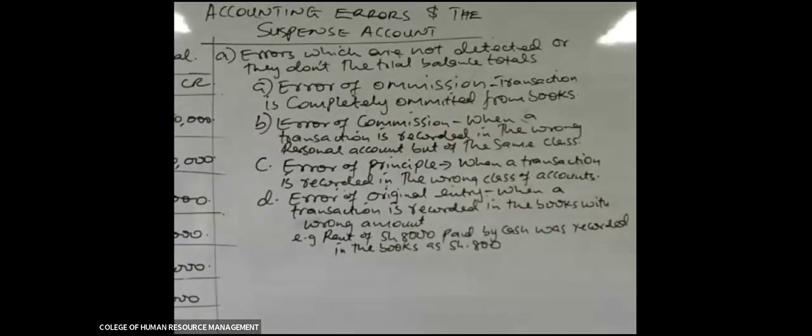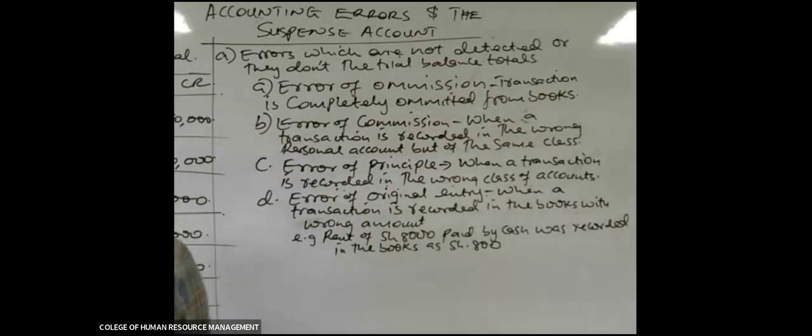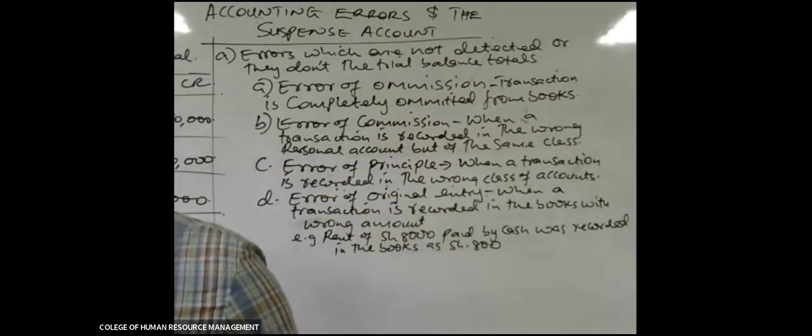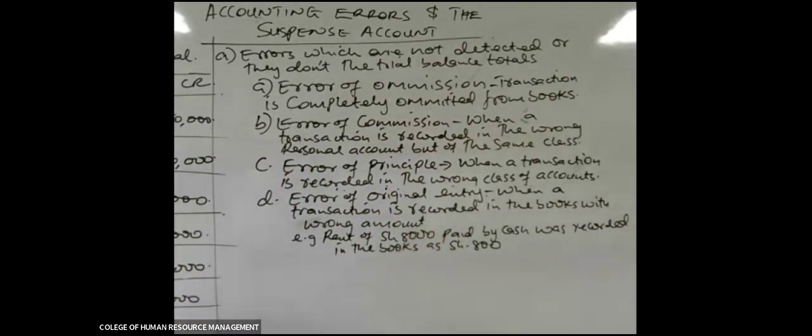We paid rent of 8,000 by cash, but when it came to recording that amount in the books, the account that was debited and the account that was credited, we posted 800 in both of them instead of 8,000. That error is what we call the error of original entry.